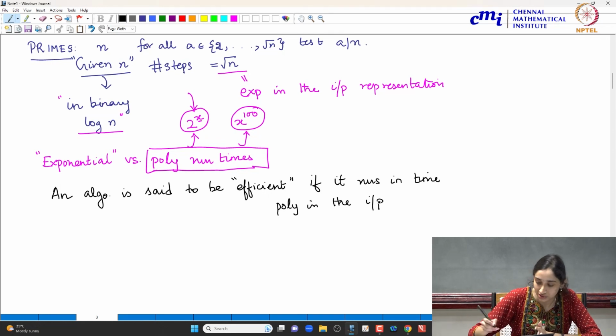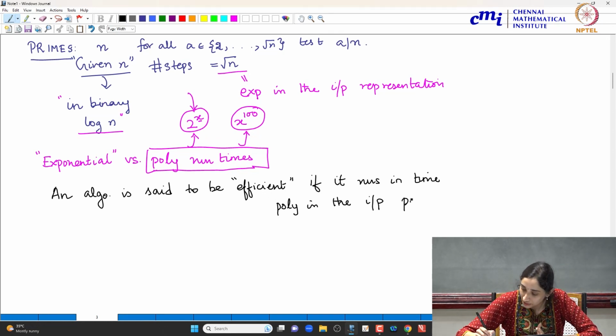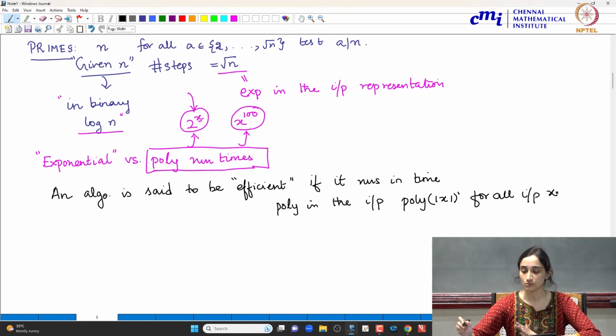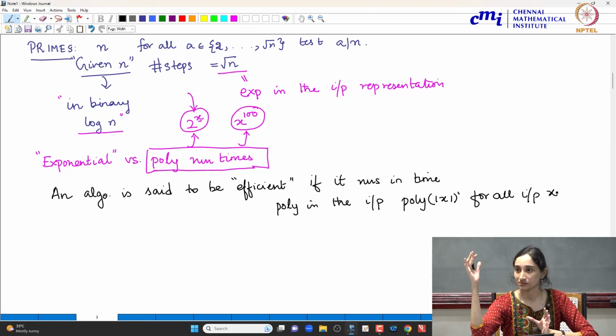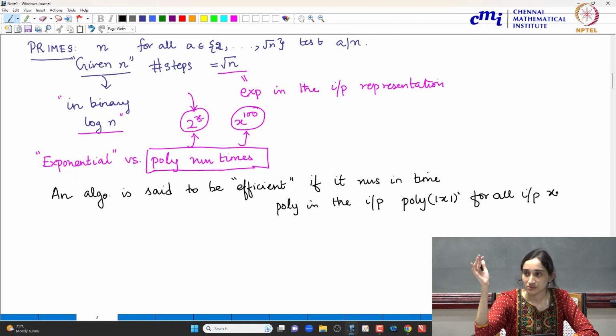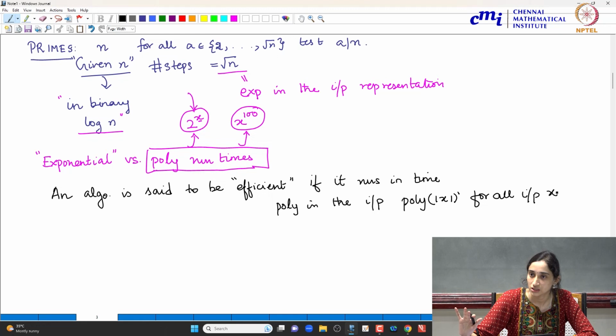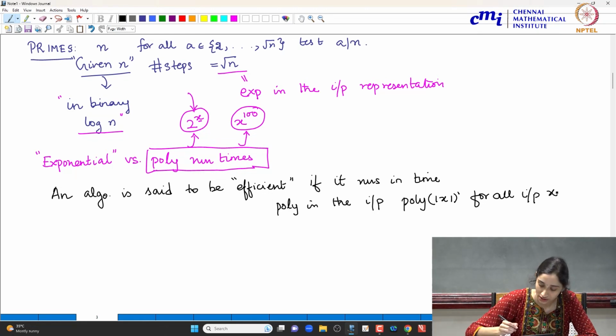So this algorithm is said to run in time poly in, say, the length of the input x for all inputs. So no matter what the input is, the run time should be polynomial in the length of the input. So if the input is given in binary, then an ideal algorithm for primes would be something that runs in like some a times (log n) to the c, right? So polylogarithmic, not a running time of root n or so. Is that okay? So now let's move on to.